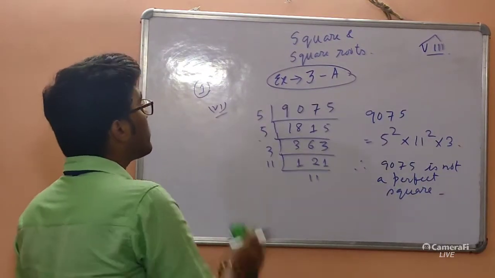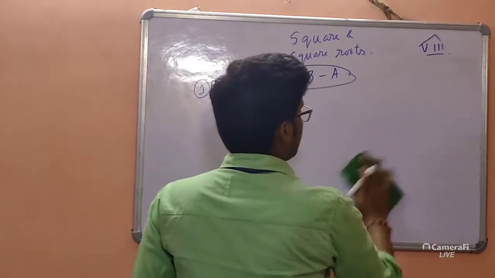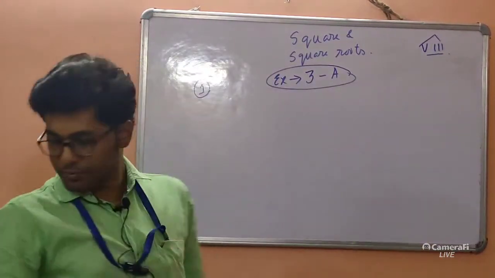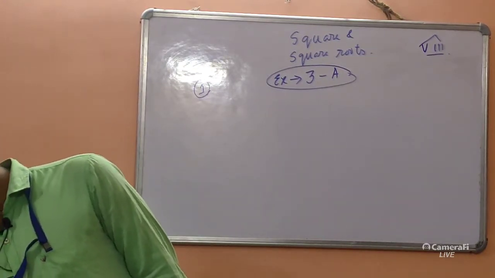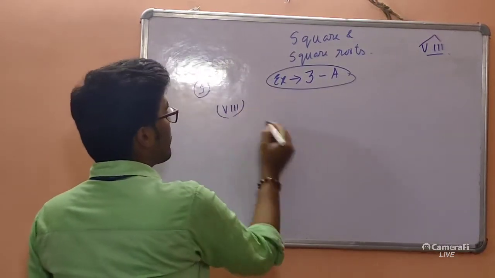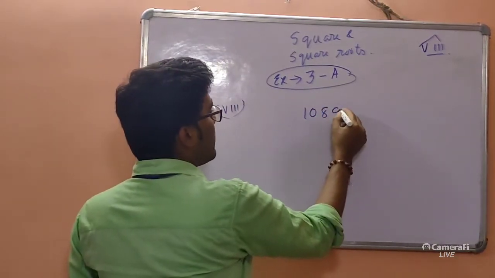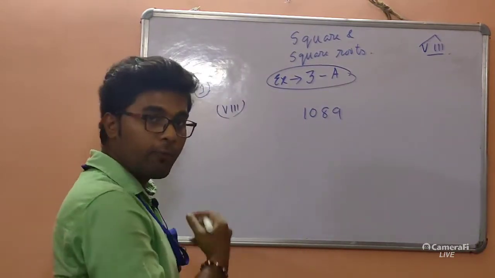1089, the last one. 1089. Okay, so what can you do? Factorize.